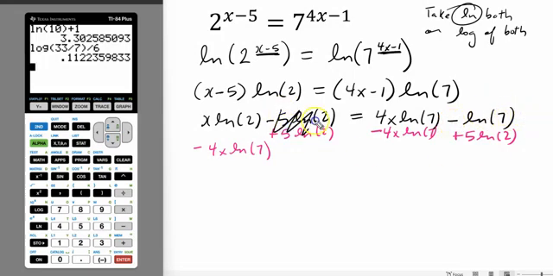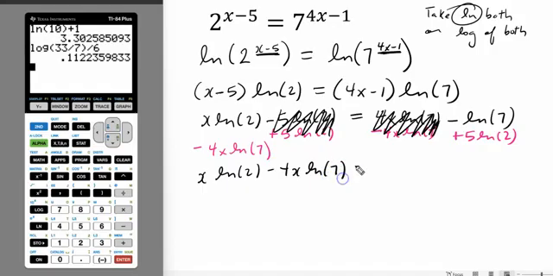So these will cancel, and these will cancel. And so what I'm going to be left with over here is x times ln of 2 minus 4x ln of 7 is equal to, I'm going to start with the positive term first, 5 times ln of 2 minus ln of 7.